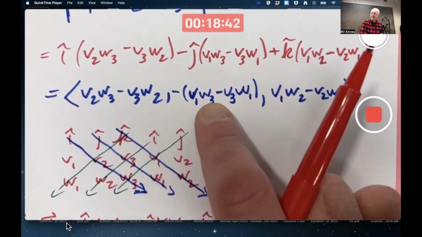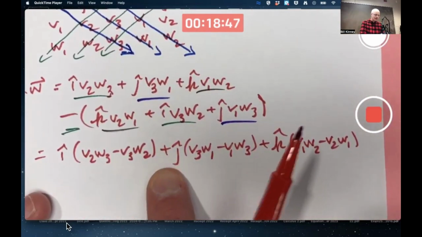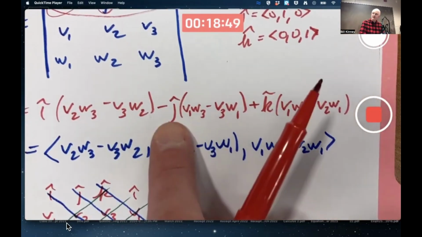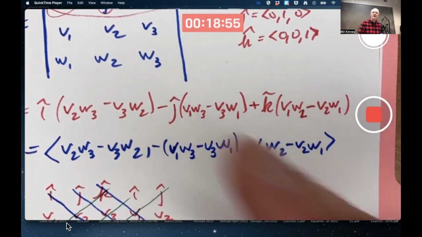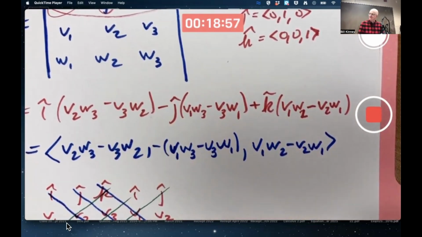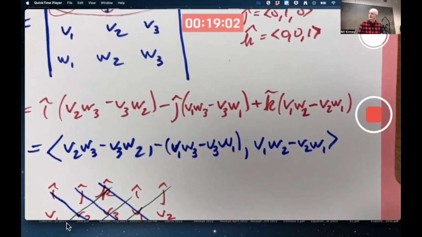You can distribute the minus sign through and write this with a plus sign there. Even though I had a minus sign here, they are the same. Any way you compute it is okay. Though if the directions say compute it one way or the other, then I guess you should follow the directions.